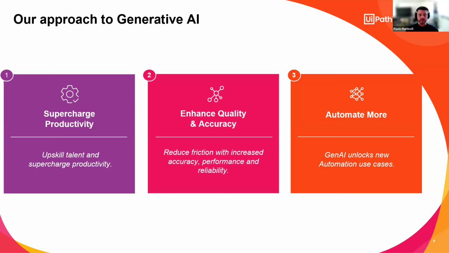Because some use cases that, for example, when I started back in 2017, were impossible to automate are now possible with AI, and particularly with GenAI, because we can transform unstructured data into structured data. And everyone knows that robots like to work with structured data.